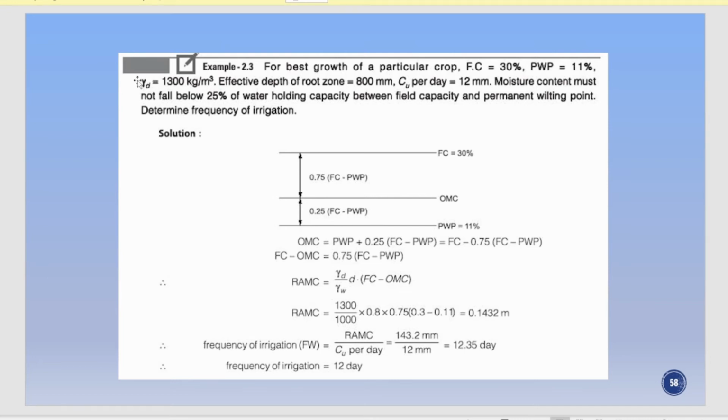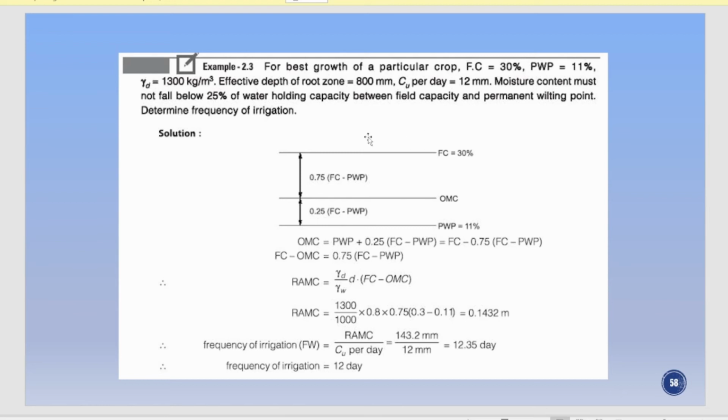Gamma is basically the specific weight or unit weight of soil. Anyhow, the effective depth of root zone is 800 mm, which is 0.8 meter, and the consumptive use (CU) per day is 12 mm. The moisture content must not fall below 25% of the water holding capacity between field capacity and permanent wilting point. Determine the frequency of irrigation.